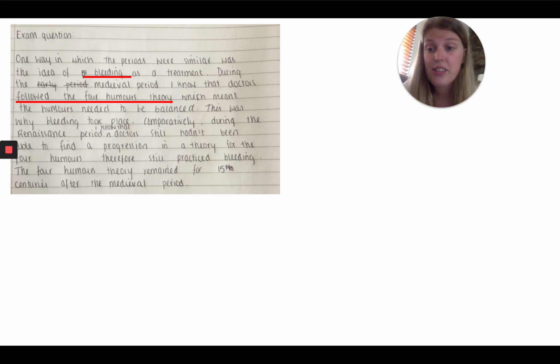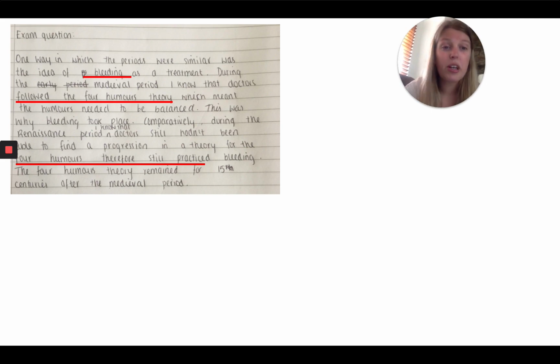Comparatively, during the Renaissance period, I know that doctors still hadn't been able to find progression in a theory for the 4 humours, so they still practiced bleeding. So that's showing continuity, that doctors still believed in the 4 humours theory, so they still used bleeding. Okay, and saying that the 4 humours theory remained until the 15th century. Okay, so that's a really nice answer.